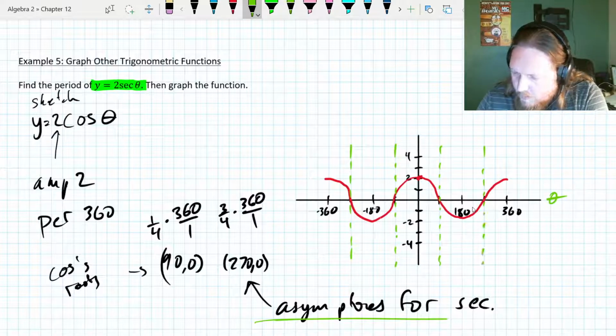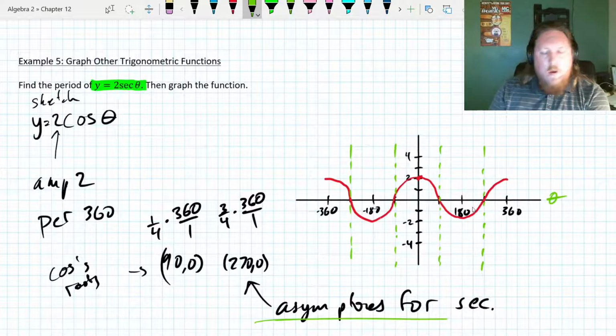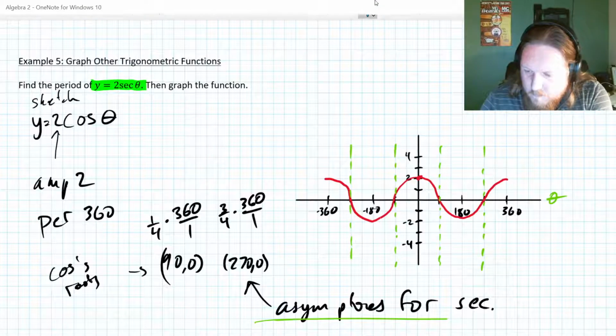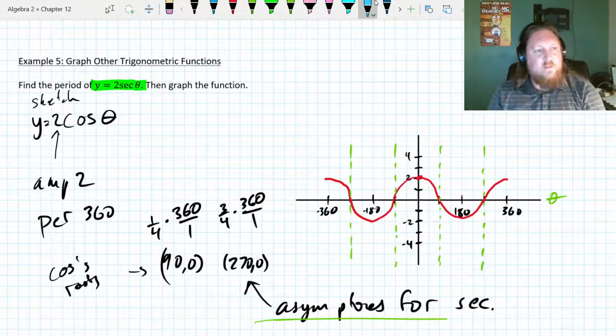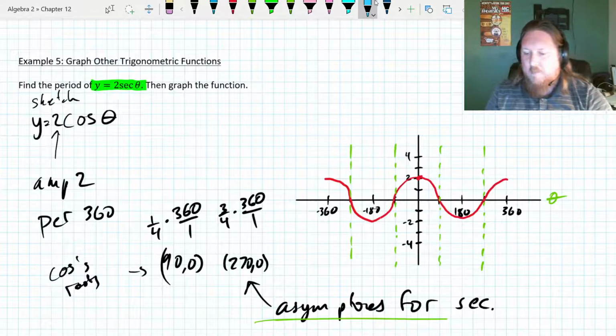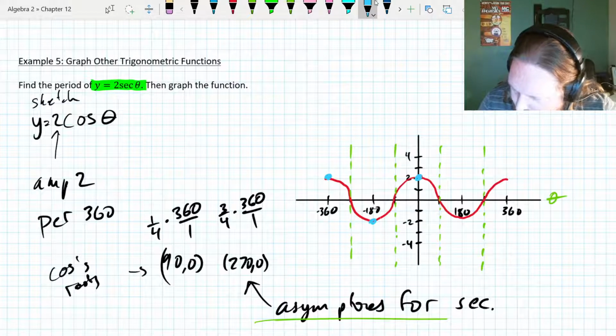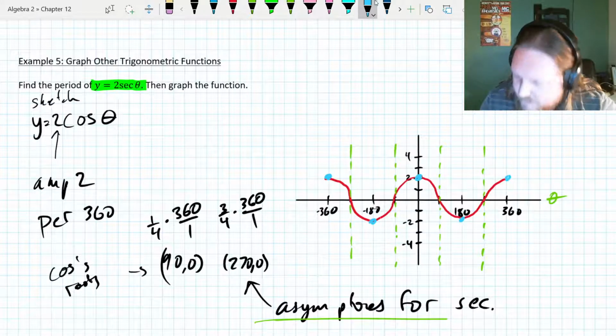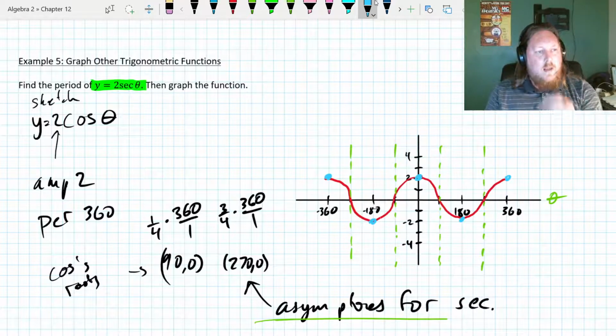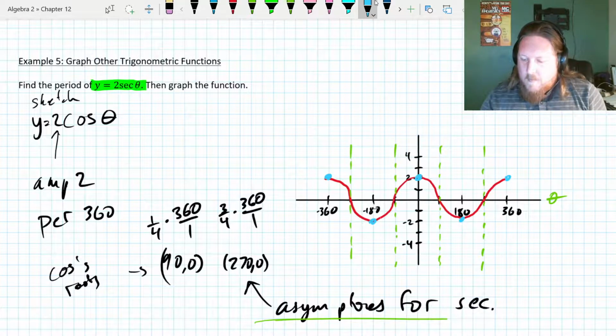And there. Now, for the actual graph itself, find the minimum and maximum points inside of each one of those little gaps. There's max, min, max, min, max. And go ahead and draw your U-shapes.